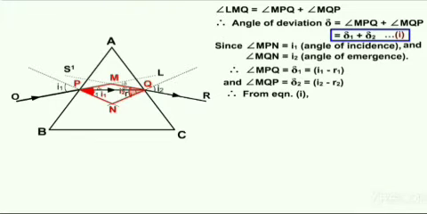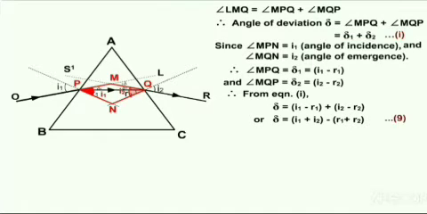Therefore, from equation first, delta is equal to I1 minus R1 plus I2 minus R2, or delta is equal to I1 plus I2 minus R1 plus R2. Let this be equation 9.